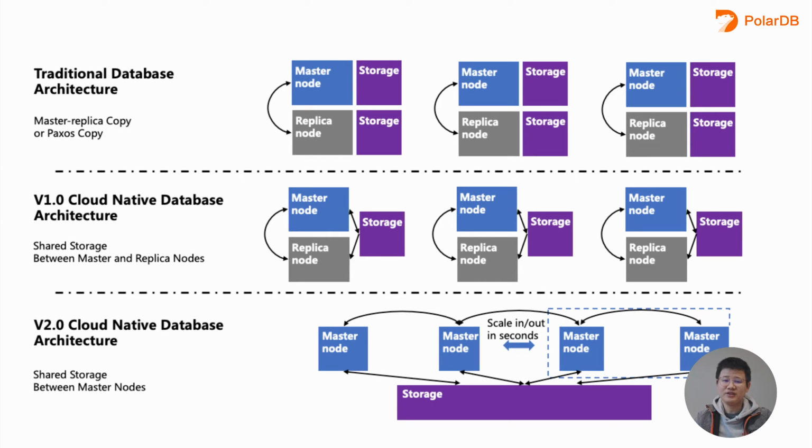It breaks the data silos, allowing the data to be smoothly retrieved and shared by any of the master nodes, and conquers the write scaling bottlenecks. In practical use cases, it reduces the complexity of database maintenance and saves resources.